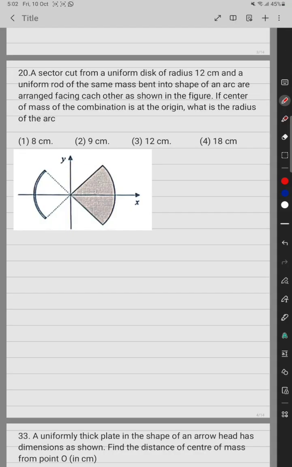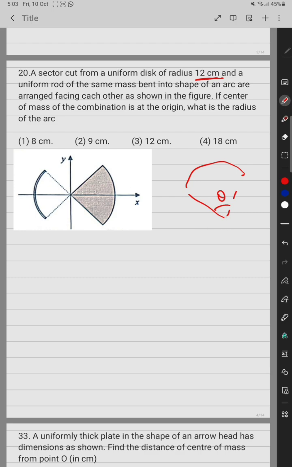In this question, the sector is cut from a uniform disc of radius 12 centimeter, and a uniform rod is bent into the shape of an arc. Then we know the center of mass of an arc which makes angle theta at the center. Suppose the radius is a small r.